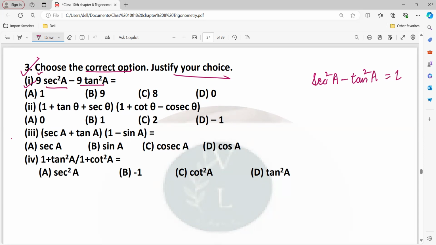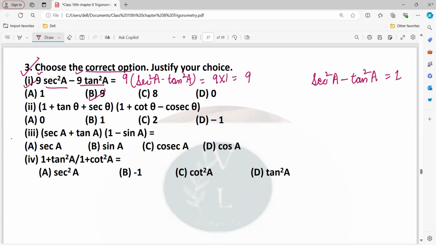If I take 9 common among these two, I get 9 times secant square A minus tan square A, and secant square A minus tan square A is 1. So it is 9 times 1, which is equal to 9. So for question number 1, option B, 9, is the correct answer, right?